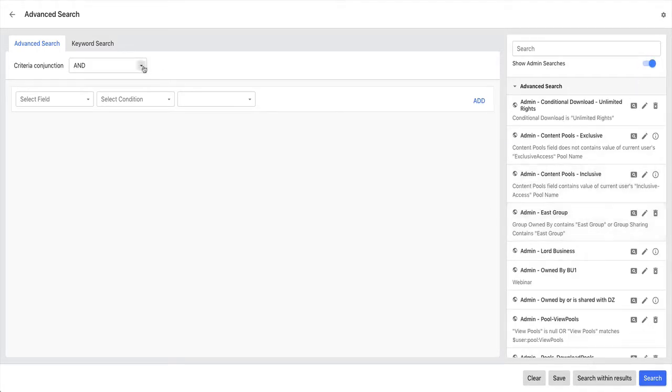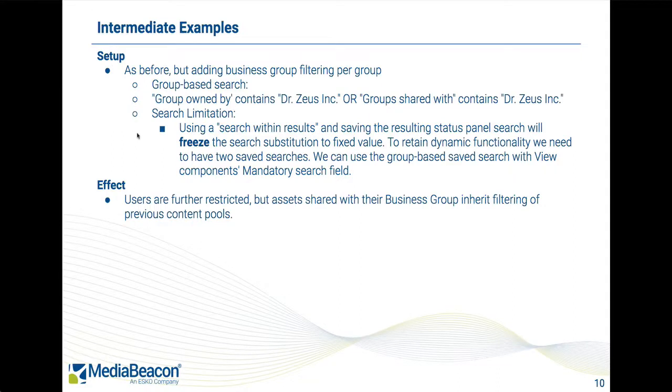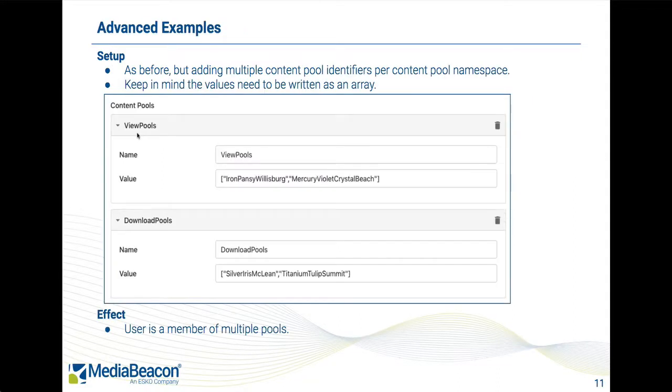All right, so the last thing that I wanted to point out here is that we can go above and beyond just a simple name-value pair. It still is a name-value pair, but I can have multiple terms.